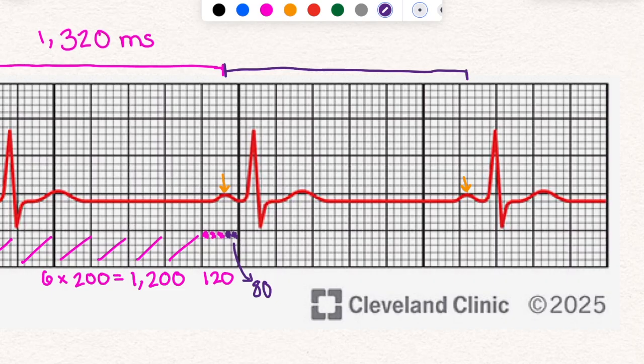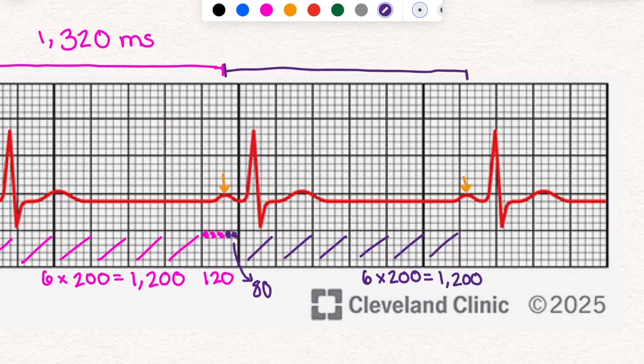Next, I count the large squares and multiply that number by 200 because each large square is 200 milliseconds. So I have 1, 2, 3, 4, 5, 6 large squares. Again, 6 times 200 is 1,200.